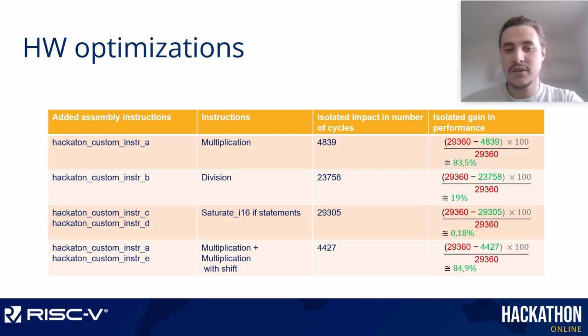The multiplication gave us the biggest impact, which is 83.5%, followed by the accumulated impact of multiplication and multiplication with shift of 84.9%, and we also have performance gain when using the division and the saturate if statements.